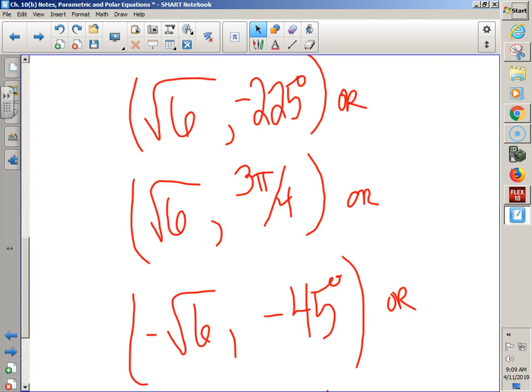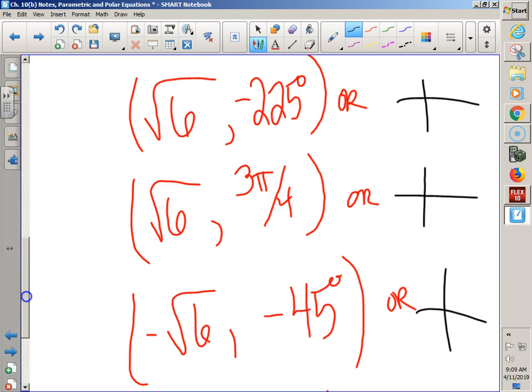Where's this angle? This angle is in the second quadrant, and I need to go towards it, a positive radius. This angle, ooh, what quadrant is he in?